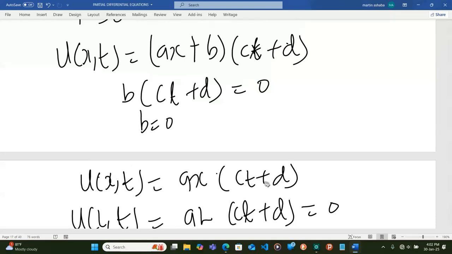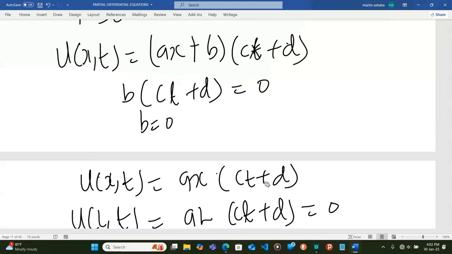Then you let nu be negative p squared to give oscillatory solutions. Leave alone the other two cases where nu is equal to 0 and nu greater than 0. It is only nu less than 0 that is always going to give you the desired solution.